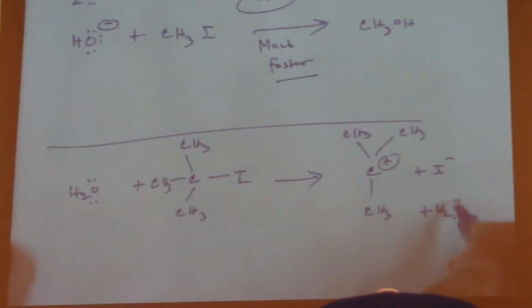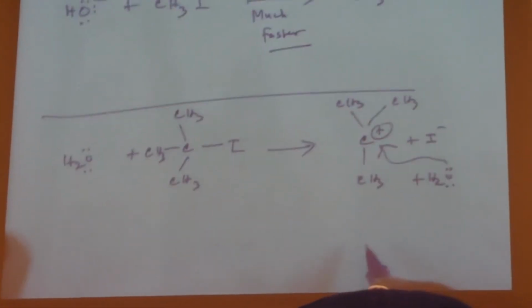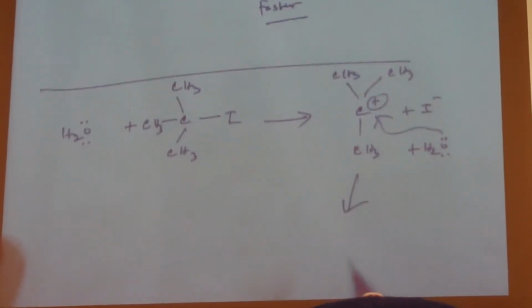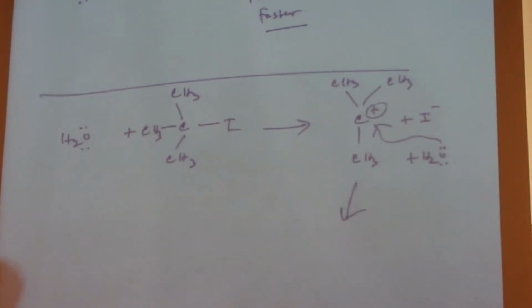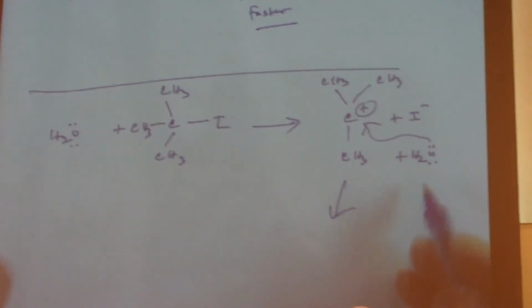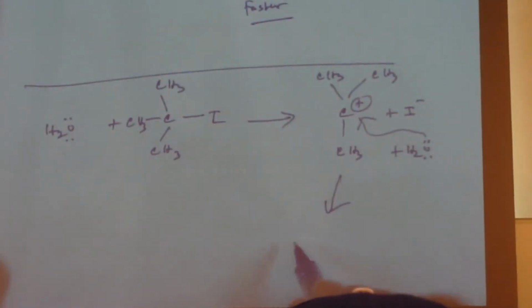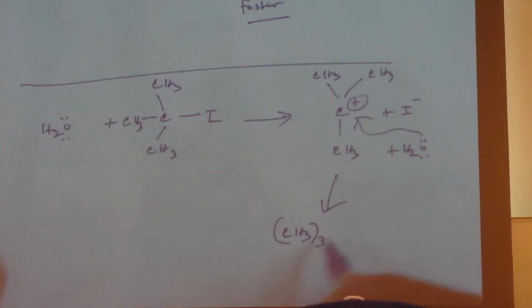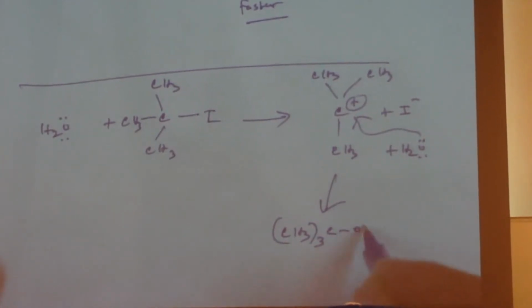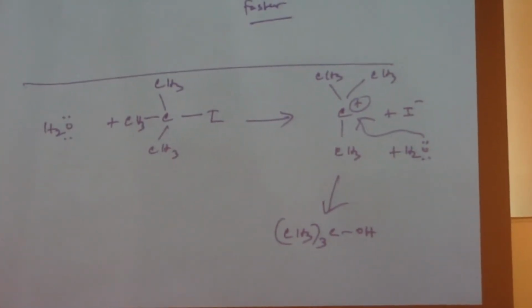Now the water attacks and goes through the process, and it initially generates OH2 plus, and then the hydrogen is picked up by another molecule of water. This process is essentially similar, and I'm just writing the final product where you have generated the corresponding alcohol.